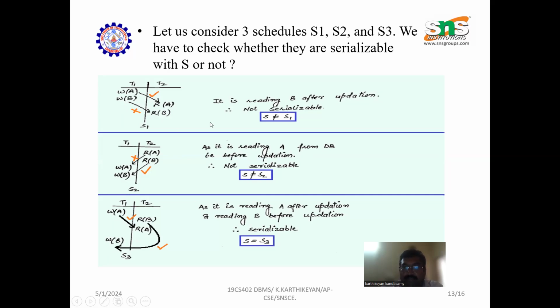It is reading B after updation. There is no conflict. First read and write updation can be done, write and read can be done. This is not a conflict. And read, write and write are possible. So this is conflict serializable in the process.